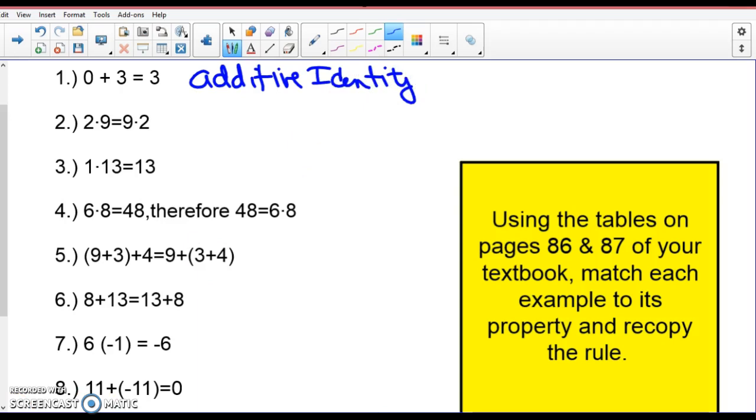Adding 0 does not change its identity. What is this an example of? 2 times 9 equals 9 times 2. It's the commutative property of multiplication. And I do not care if you abbreviate these. Just make sure that they are school-appropriate abbreviations, and you'll see that in a minute.